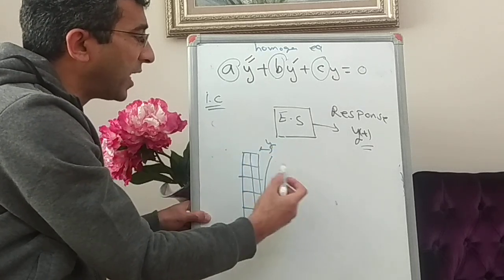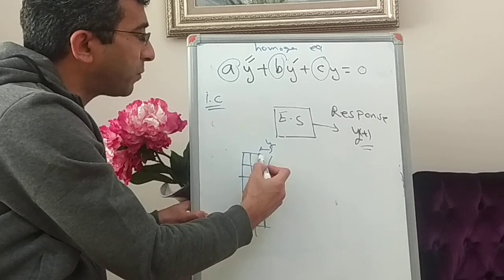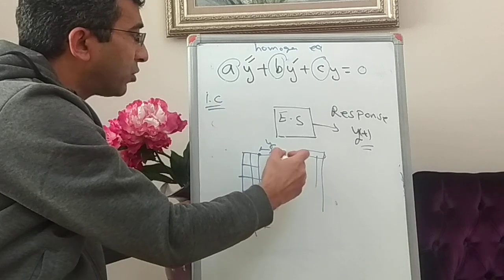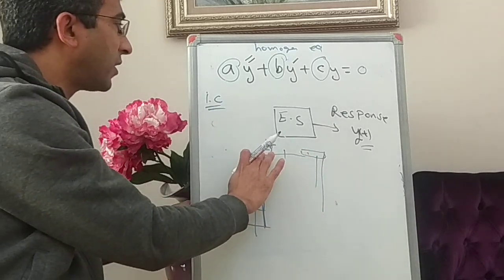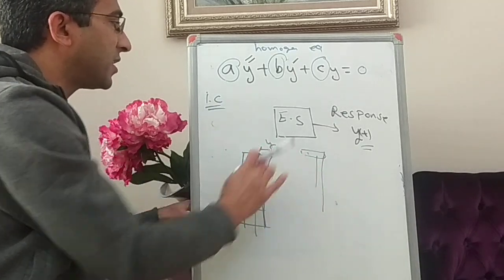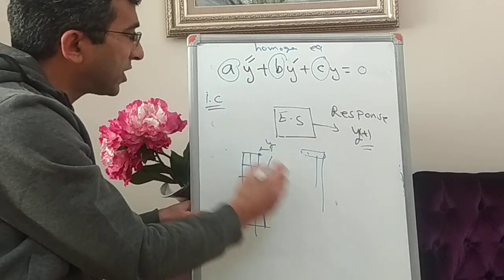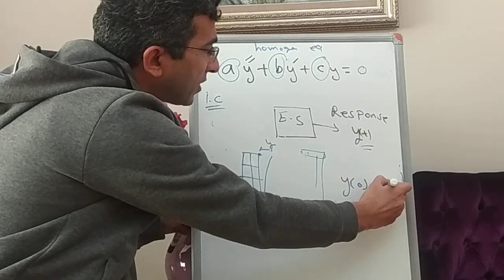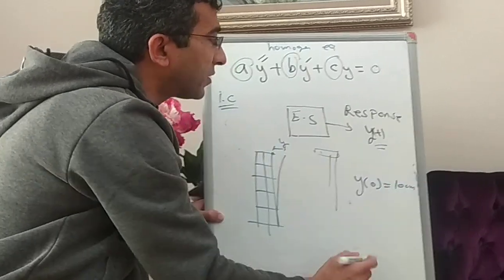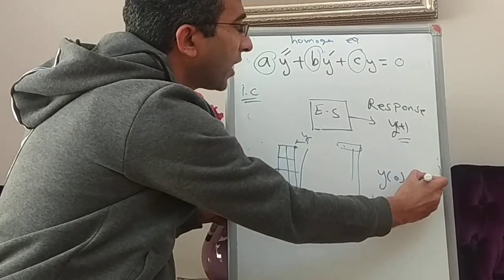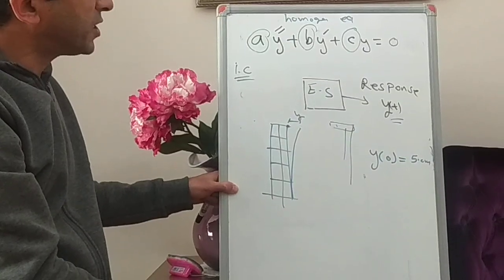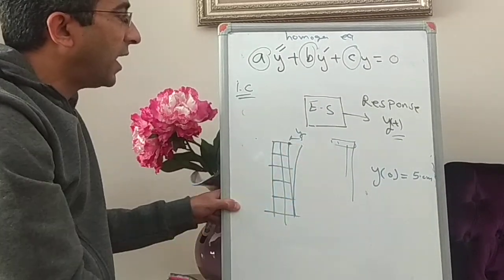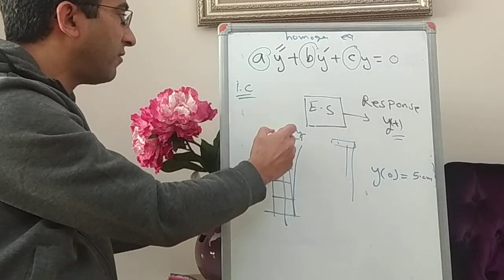Imagine you hang it from this point and pull it with a crane, and then you suddenly cut or release it. So you give it an initial displacement, y0, for example 10 centimeters or 5 centimeters. Then you release it, and it will vibrate.